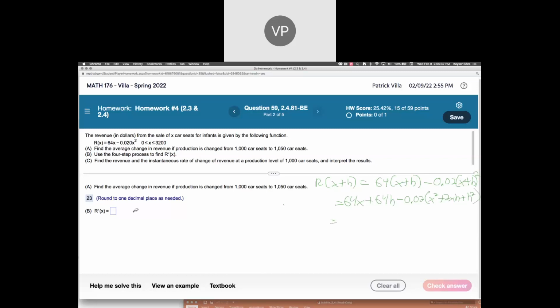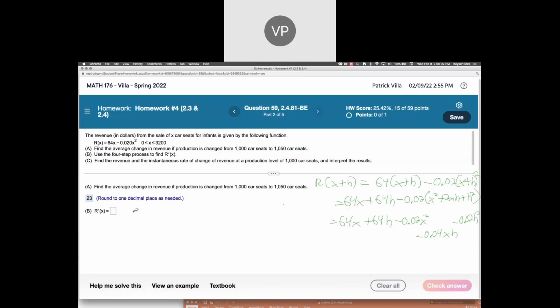Okay, again, I'll say it. You're going to be squaring x plus h a lot. So get used to it. You will figure it out very quickly. Okay, so this next one's going to be minus 0.04xh minus 0.02h squared.